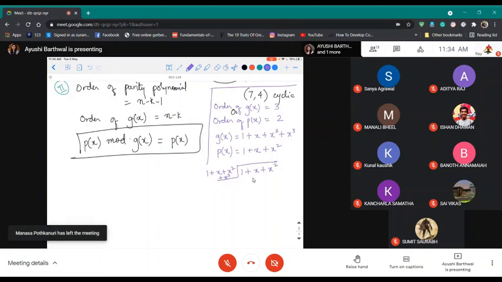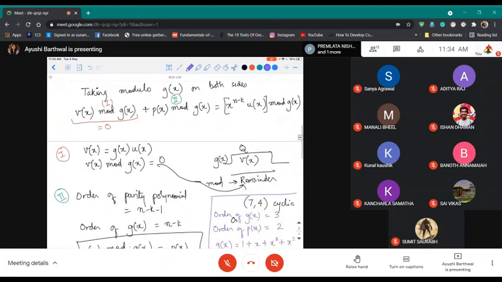Okay, since the degree of this is less than the maximum degree, the remainder will remain the same. That is why we are saying that p(x) mod g(x) will be equal to p(x).